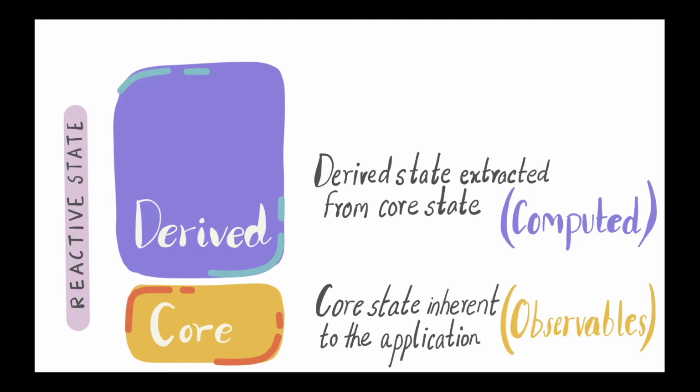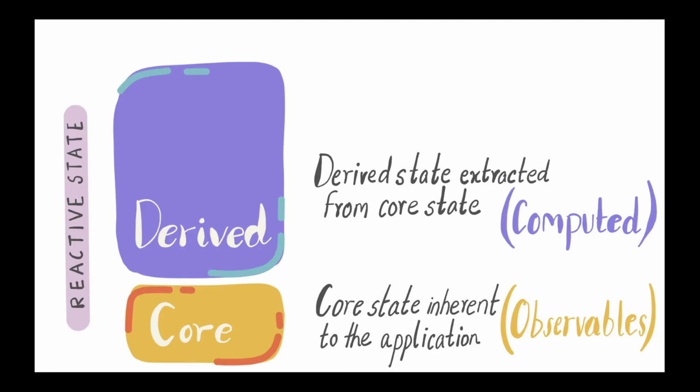As an example, if you have a contact book application, the contact is something which is inherent to your domain itself, right? The first name and the last name are state values which are inherent to the domain, whereas a full name is not. It can be derived from the combination of first name and last name. You can do different juxtapositions of these two values, right?